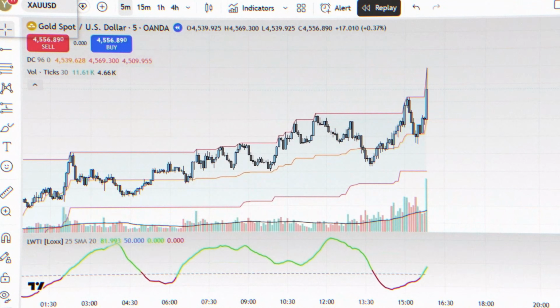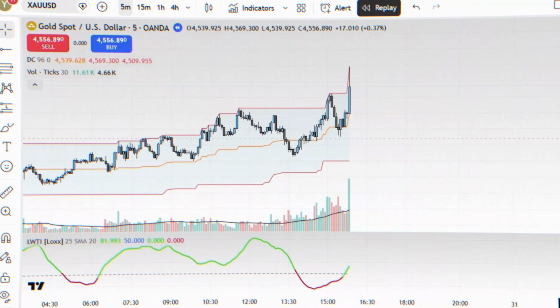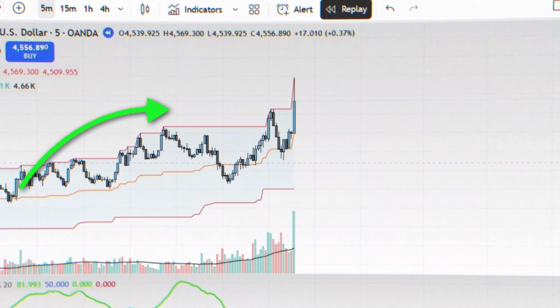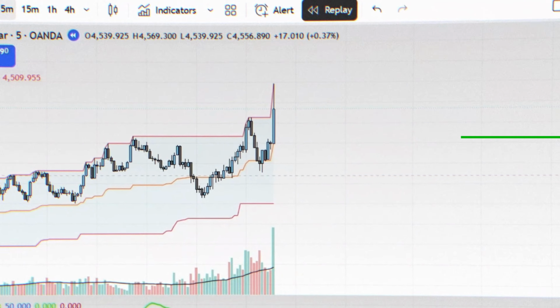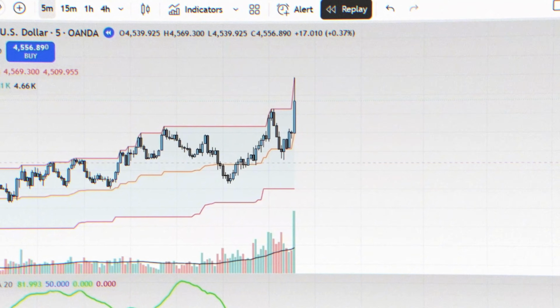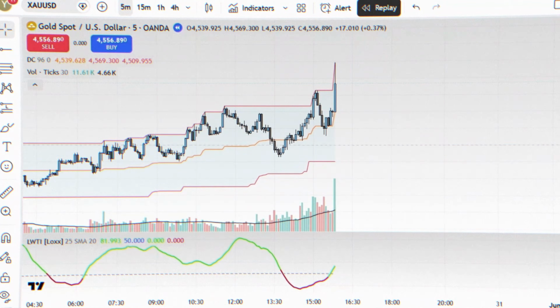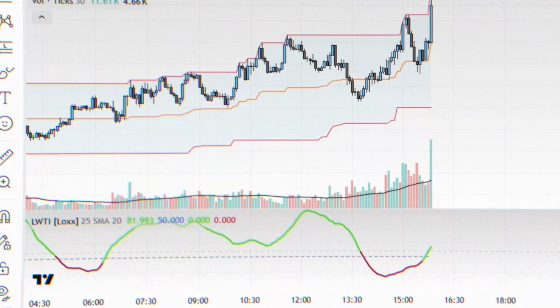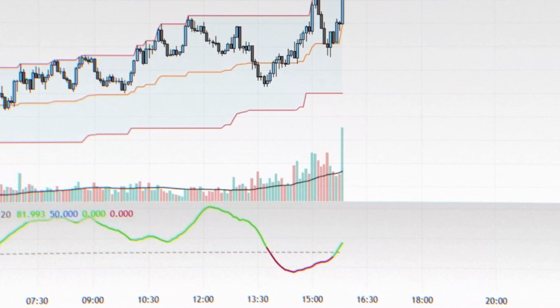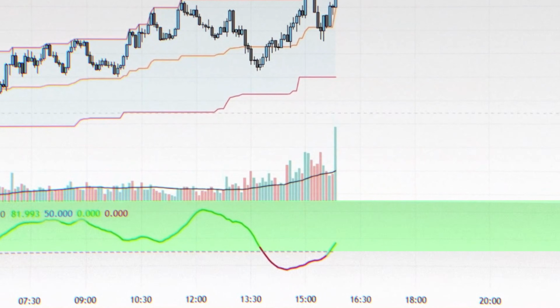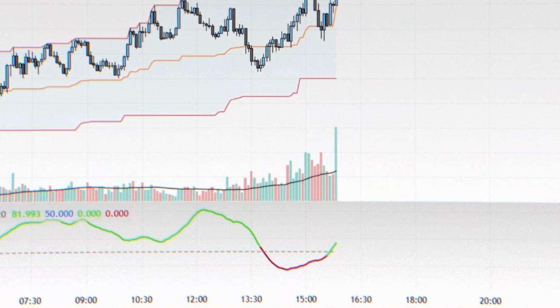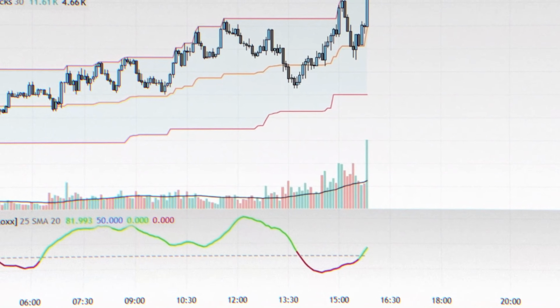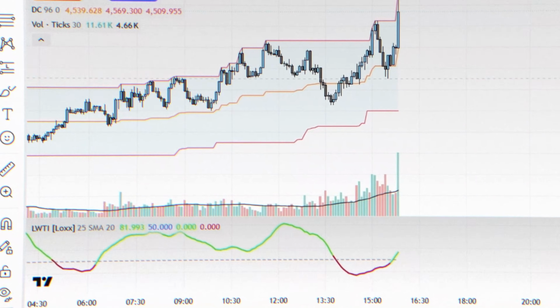Here is your exact execution blueprint for a long position. Step 1. Price must expand upward and print a clean candle touch against the upper red Donchian band. Step 2. Look down at your LWTI indicator panel. The trend line must be completely green. If it is red, the premise is invalid and you stay out of the market.